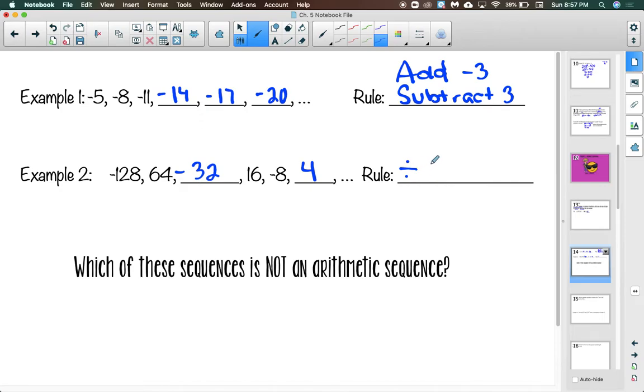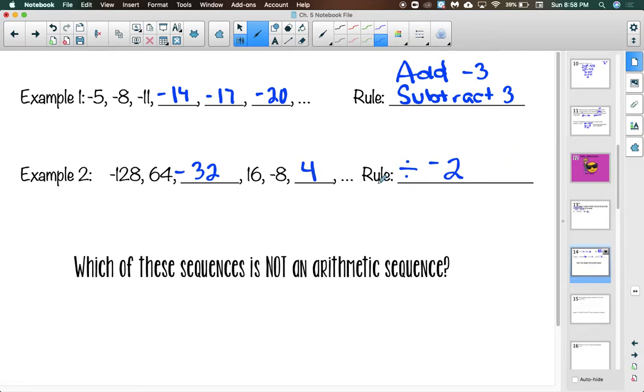So in this case, we're definitely dividing by a negative number, and that number is -2. 128 divided by -2 is 64, divided by -2 is 32, divided by -2 is 16, divided by -2 is 8, divided by -2 is 4.